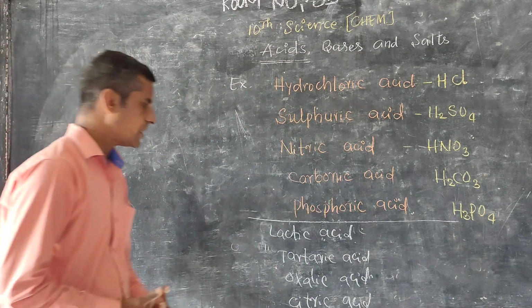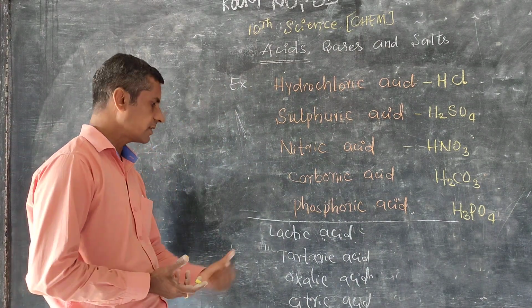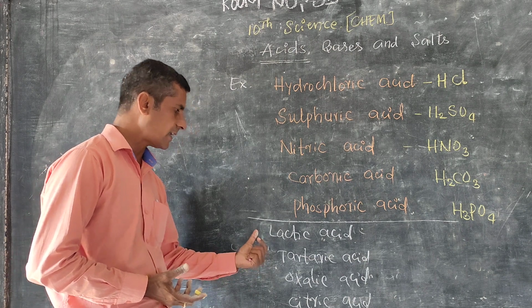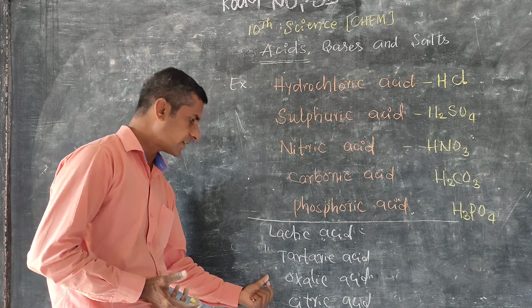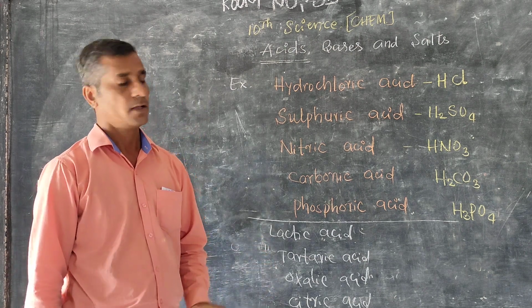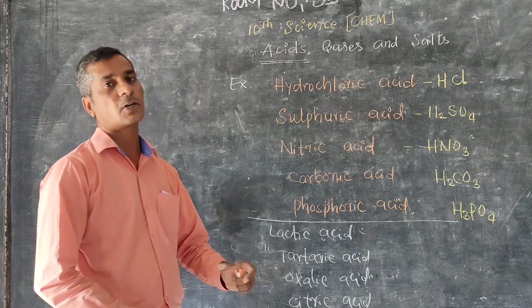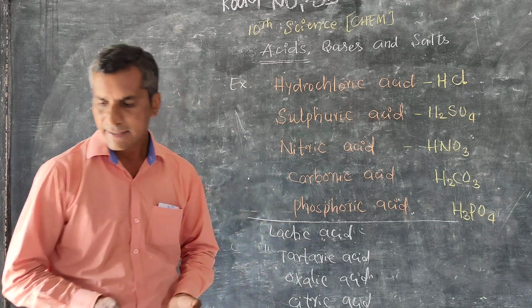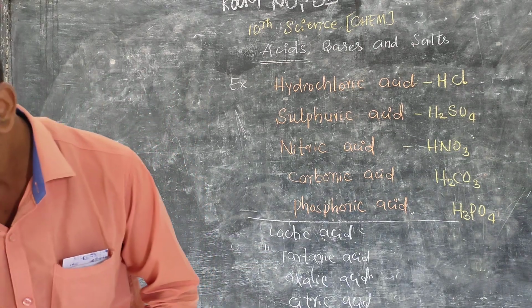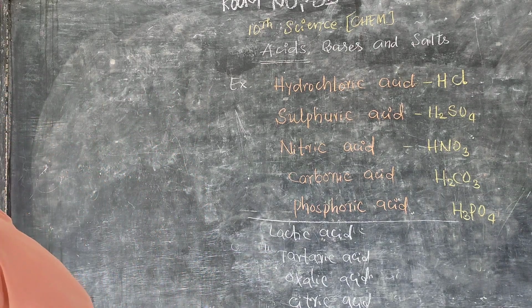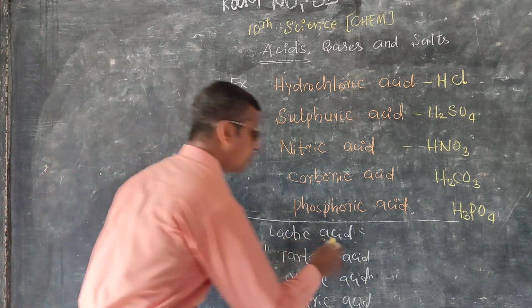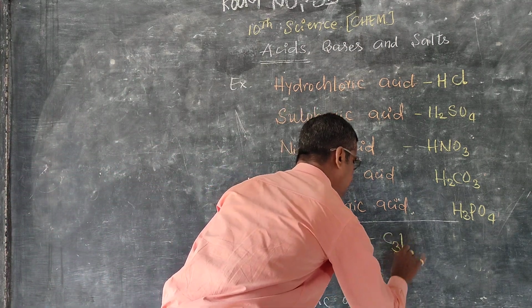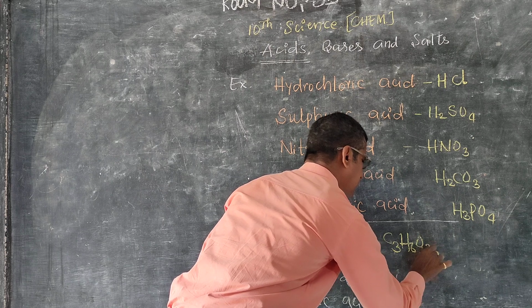In the same way, it is possible to write the molecular formula for lactic acid, tartaric acid, oxalic acid and citric acid. The formulas of these acids are somewhat more complex. But for example, for lactic acid, that is C3H6O3.